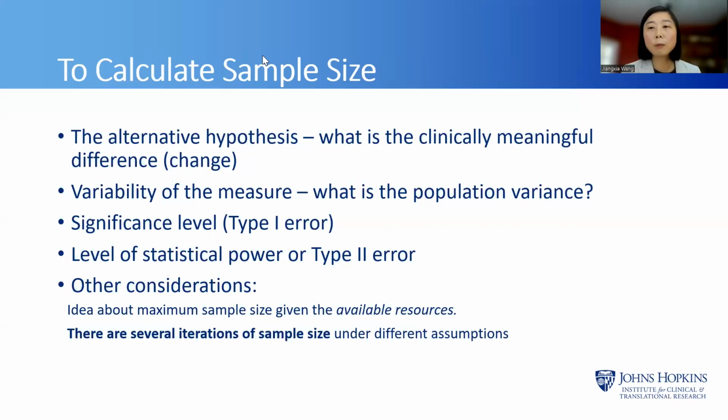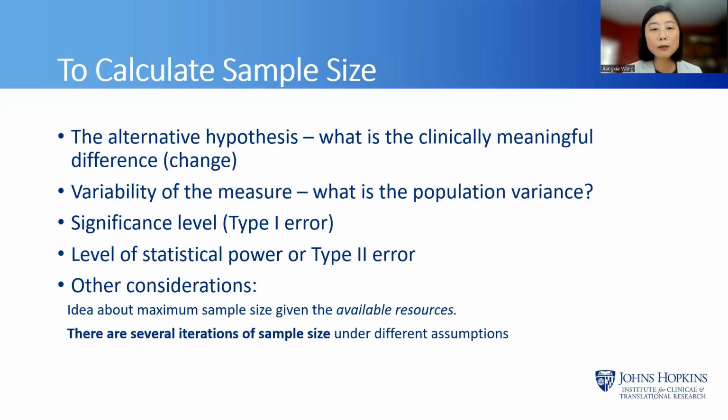What is the population variance that we can use as a variability in the calculation? And then for the significance level, type 1 error, and the level of statistical power or type 2 error, we set them as, for example, 0.05 versus 80% power.